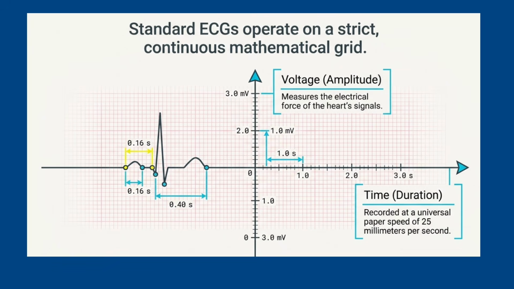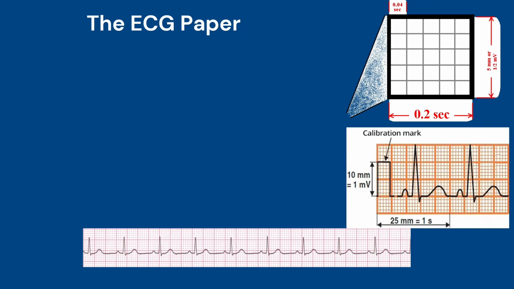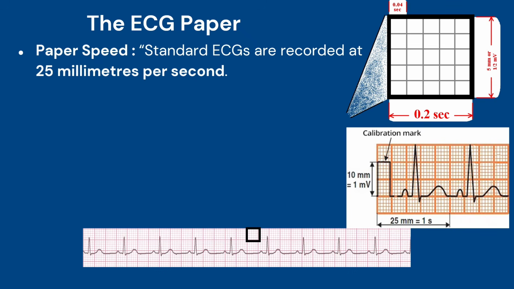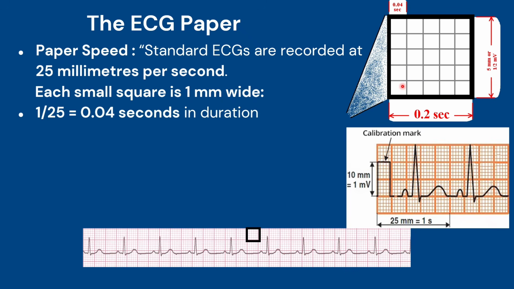So let's make some calculations. As we said, the paper speed of standard ECGs is 25 millimeters per second. We know that each small square is 1 millimeter in width. This means that if we divide 1 millimeter by the speed of the ECG paper, which is 25, it will give us that the duration of the small square is 0.04.